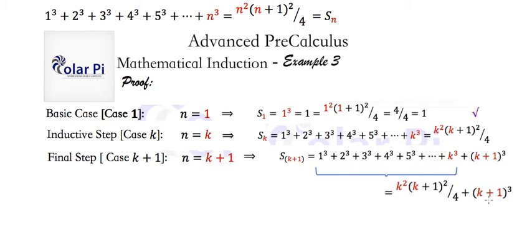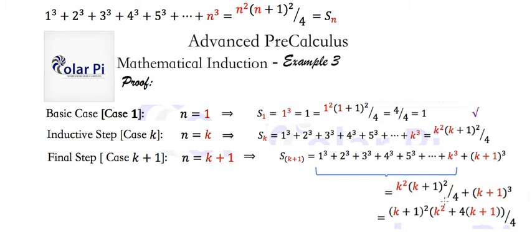And here, to simplify this further, all we have is a little bit of algebra, which is getting a common denominator of 4 and then factoring out a k plus 1 quantity squared. And once you've done that, you get this, right? And again, you get here simply by multiplying this by 4 over 4, and then factoring out a k plus 1 quantity squared that's here and built in here leaves us with this.